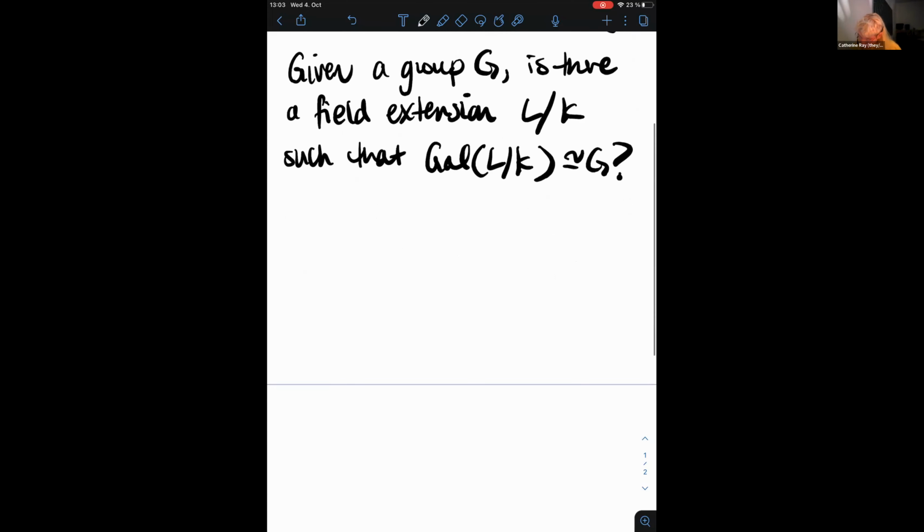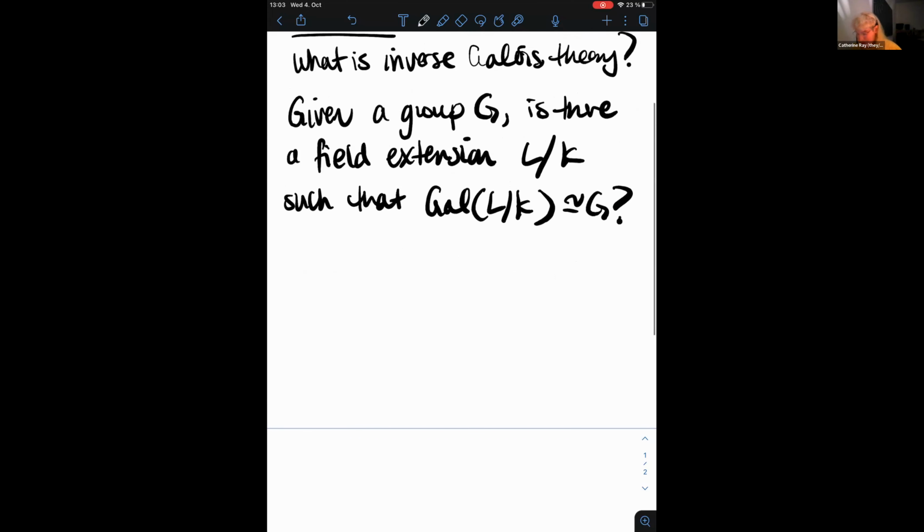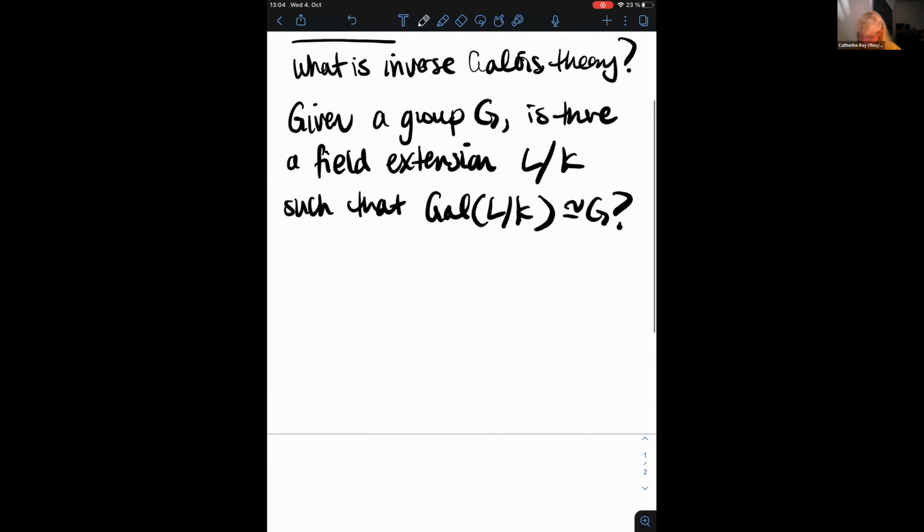Okay, and this is going to come back later. I just wanted to give that brief overview of what inverse Galois theory is.